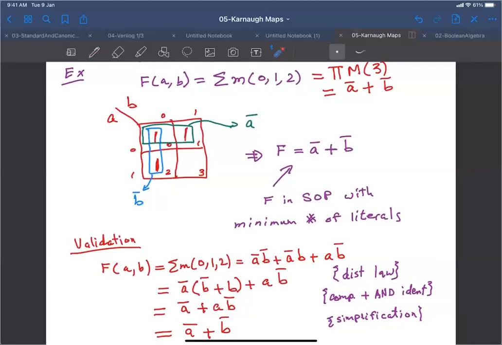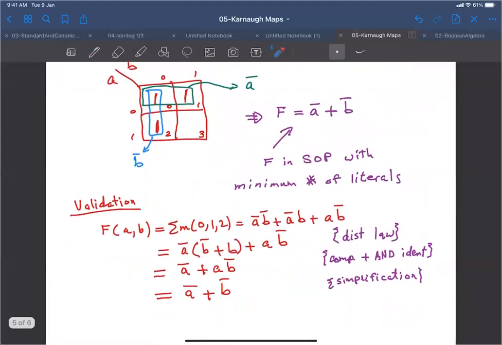So you'll get B complement or B, ORed with A B complement, right? So this goes away. This is by the distributive law, and then this is by the complement and identity, and this is by simplification property. Okay, and then you get the same result here, but with smaller effort.